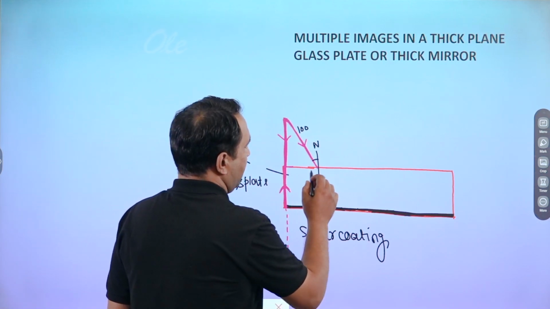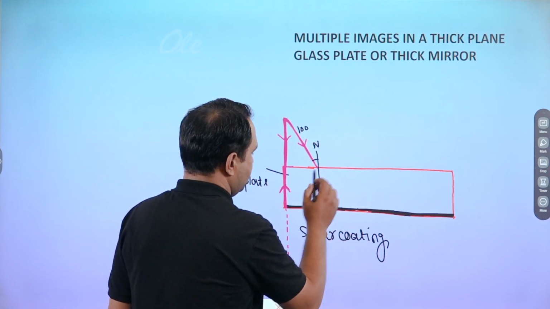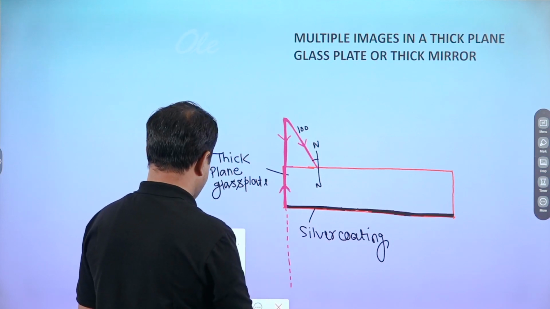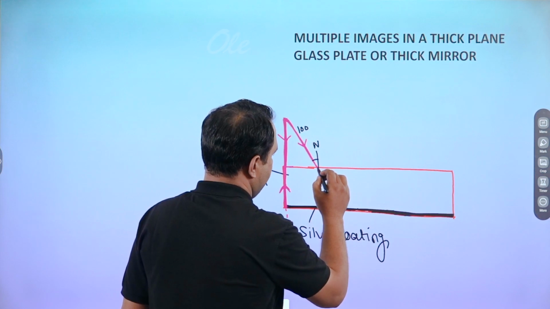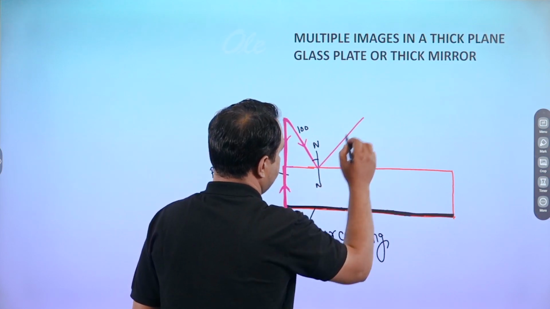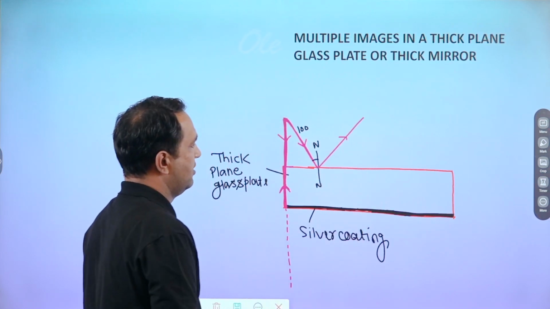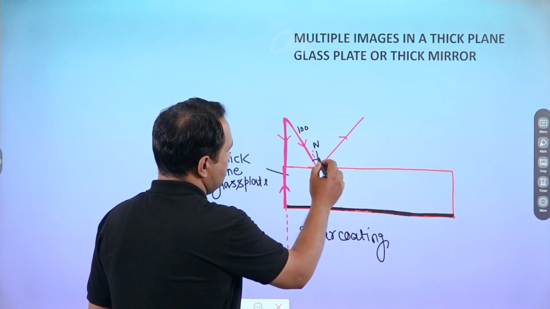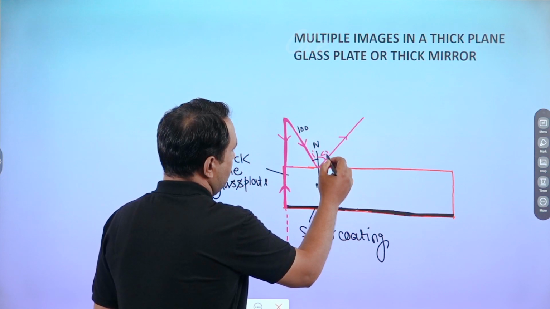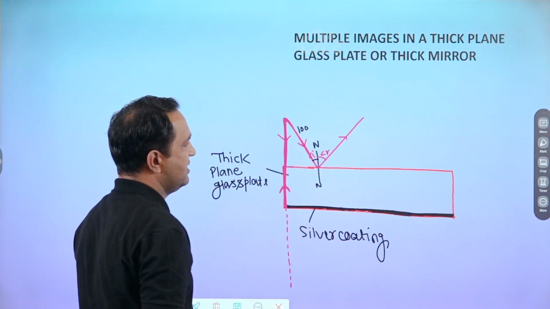Then approximately 5 to 6% of this ray will reflect in this direction with the same angle, which is the angle of incidence, meaning the angle of reflection will be the same as the angle of incidence.